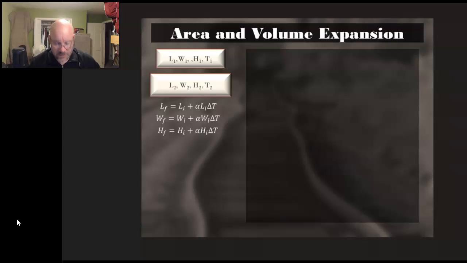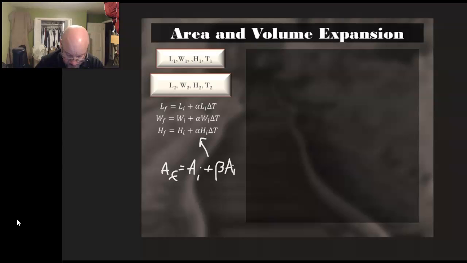So we want to come up with something that looks like this, but for area: area final is area initial plus, let's say, beta times area initial times delta T. It has exactly the same form.